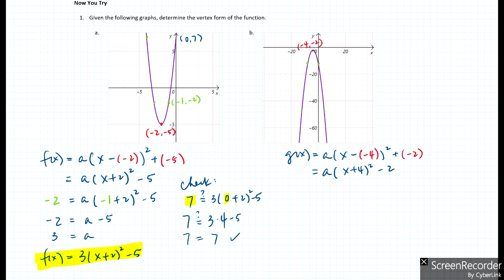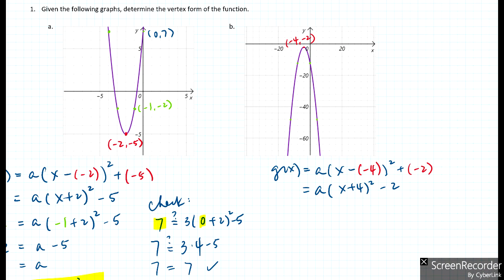With this information, we can try to identify what the a value is. Here, this point has the coordinates 0, negative 12. We can plug that in: g of x would be equal to negative 12 when x is equal to 0.